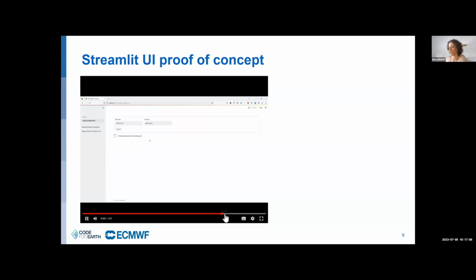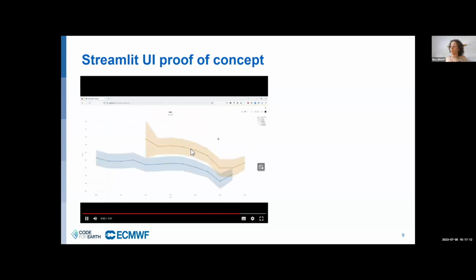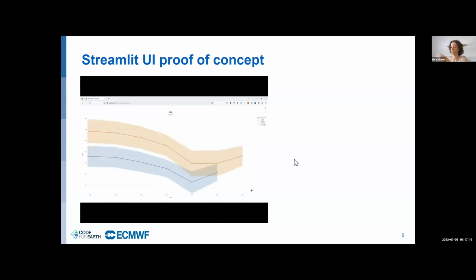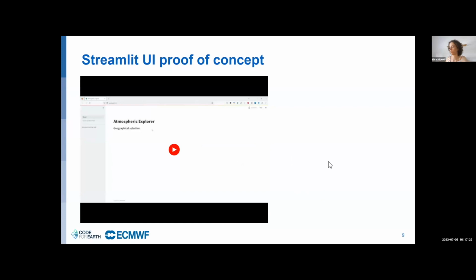And yeah, let's see how long it takes. It shouldn't be long now. Yeah, and then the plots are made with Plotly, which makes them a bit more interactive. You can zoom in and see the data by hovering the mouse on it. So that's the main next step, finishing this interface.